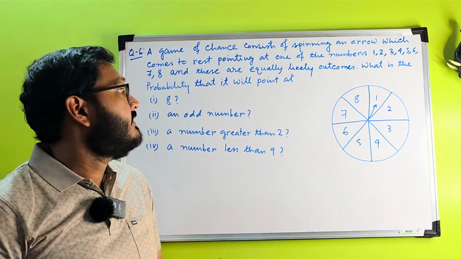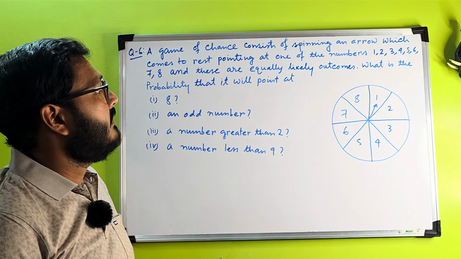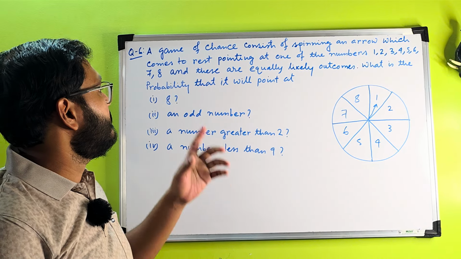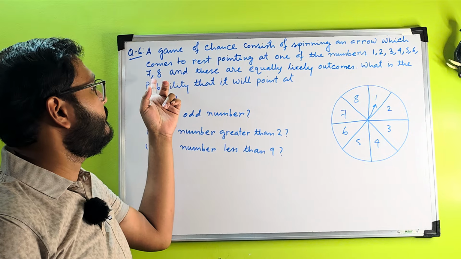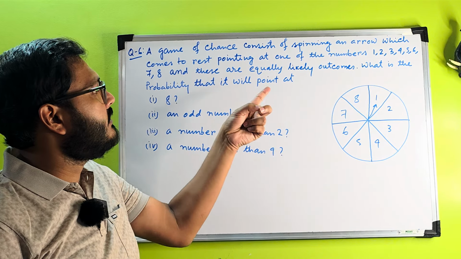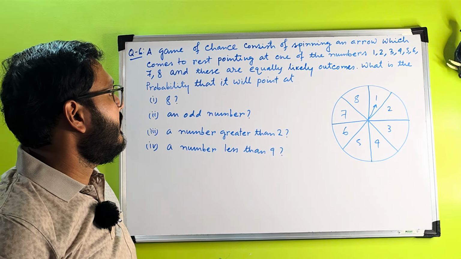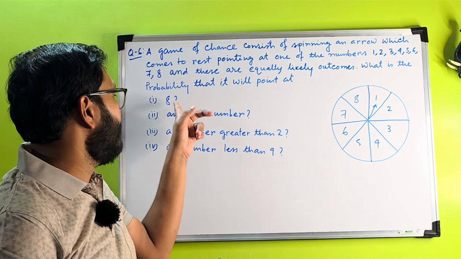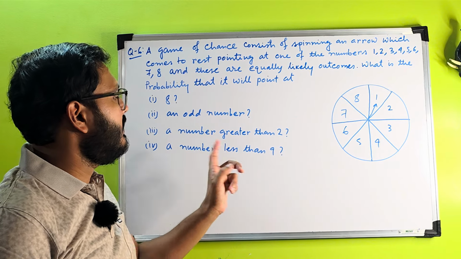Question number 6. A game of chance consists of spinning an arrow which comes to rest pointing at one of the numbers 1, 2, 3, 4, 5, 6, 7, 8, and these are equally likely outcomes. What is the probability that it will point at 8, an odd number, a number greater than 2, a number less than 9?